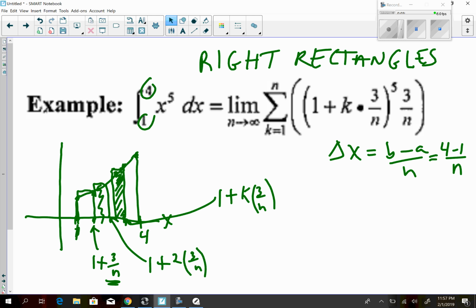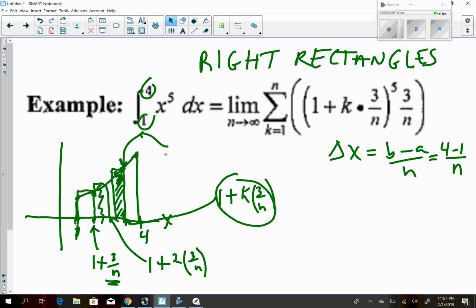So the y-coordinate of this point, since this point is on the function, is whatever x is to the fifth, where this is x. So the y-coordinate of that point is whatever x is here to the fifth, because this graph is y equals x to the fifth.